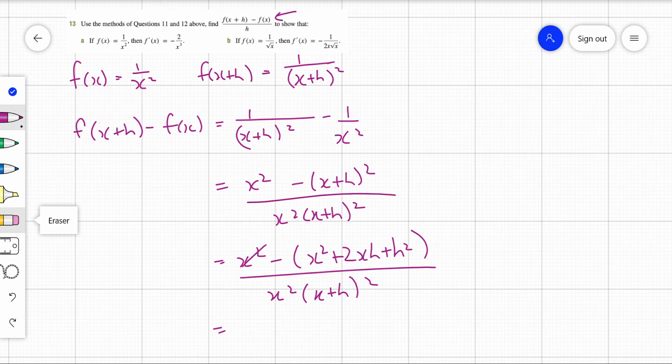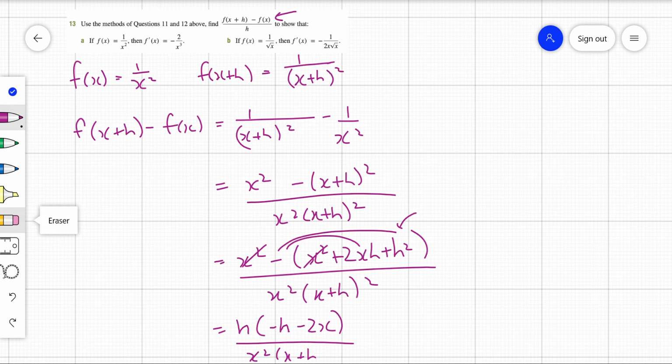So you can see the x squareds are going to cancel, and we can then factorize by h, which is what we want to do. So if I put h out, I still have a negative h, because there's still a negative h there, and I still have a negative 2x there, and there's still an x squared (x plus h) squared.